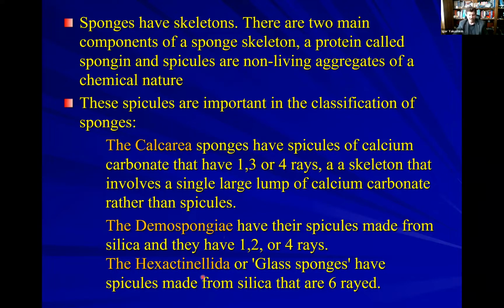And then finally, glass sponges, or Hexactinellida. The spicules are made out of silica, always six-rayed, and they pretty much lack the protein component. As a result, it will be just really hard. They really look like glass, very intricate. We'll cover them in the very first lab. You will see the glass sponge.